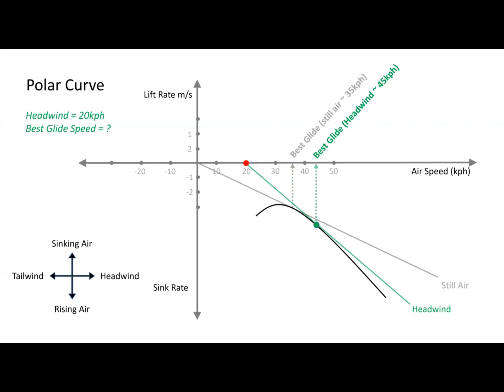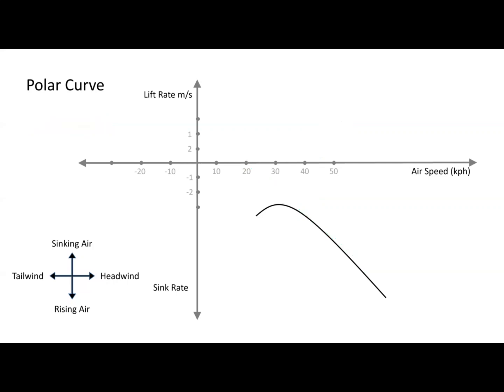Where are you going to start your tangent line? You've got a headwind, so you want to come out this axis. But you're in sink, so you also want to go up.